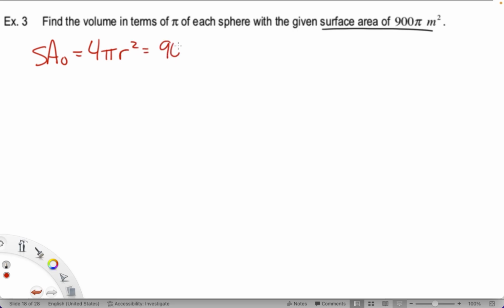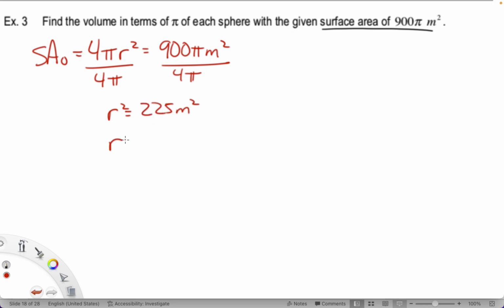If that's equal to 900 pi meters squared, then if we divide both sides by 4 pi, we end up with r squared equals 225 meters squared. So r equals 15 meters.